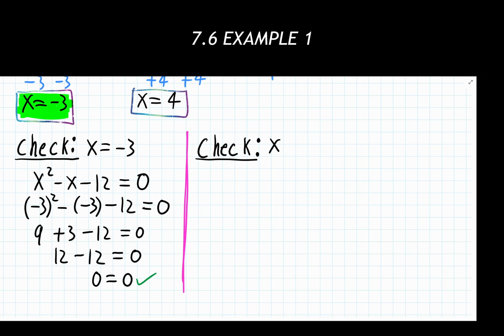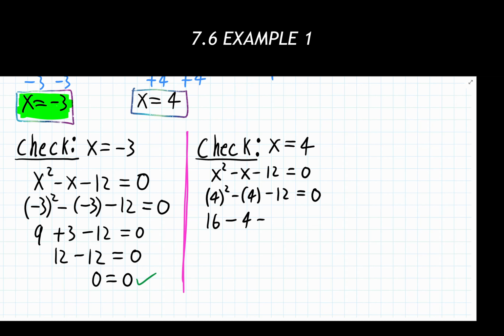So again, just like the previous one, we're checking x is equal to 4. We're writing out the original equation that was given to us. And then we're substituting 4 in for x. And whenever we substitute, we always substitute inside of sets of parentheses. Simplify each side down using PEMDAS, our order of operations.